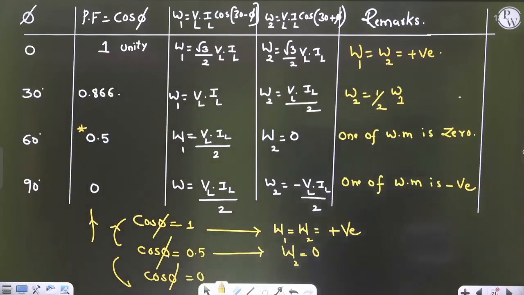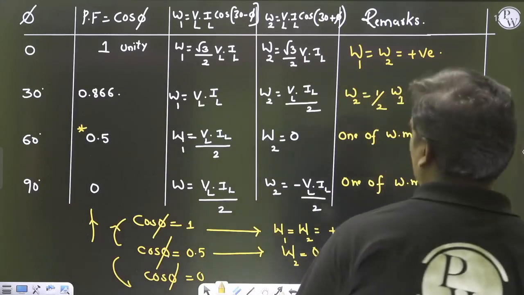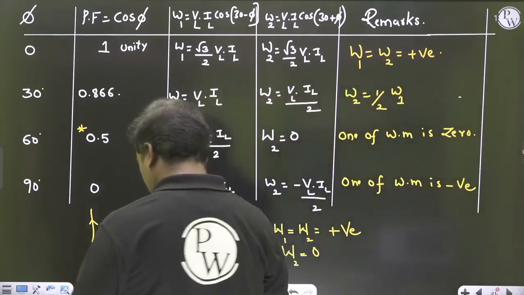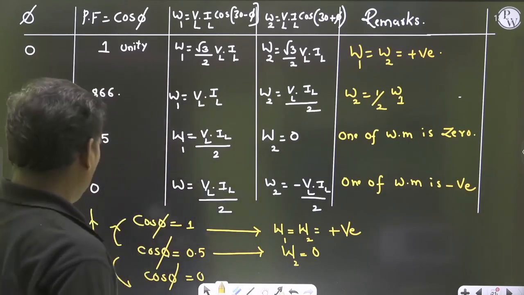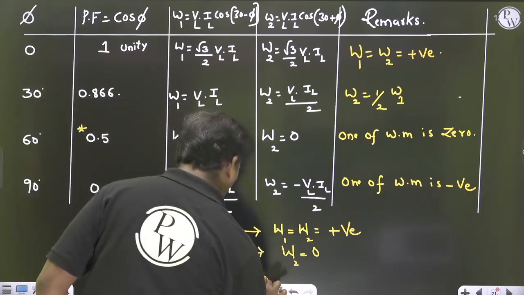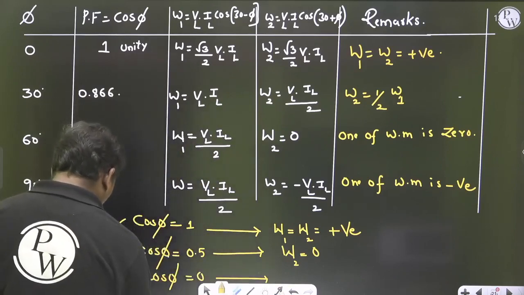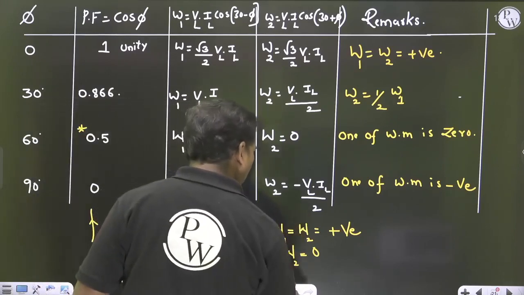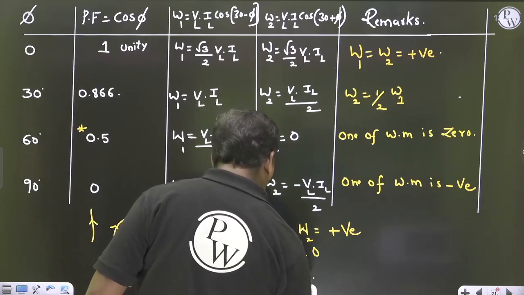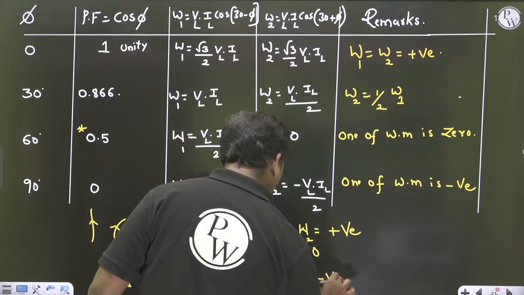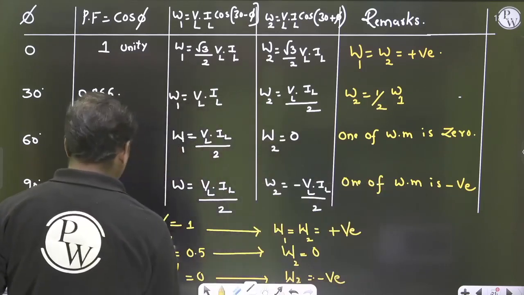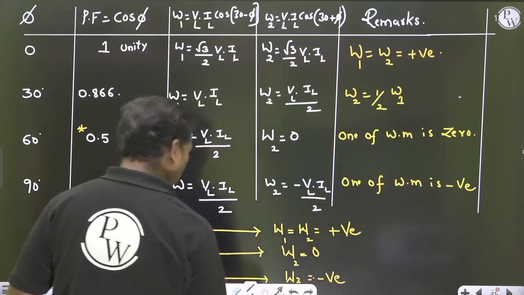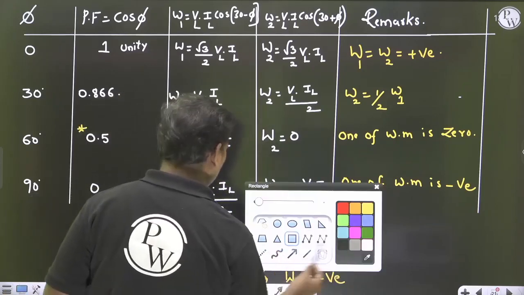Check, is cos 120 correct? It's minus 1 by 2, right? So for 0 power factor, that means power factor is reducing, then one of the wattmeter readings is negative. So try to understand these extractions. From these, you can extract some answer from the given question.